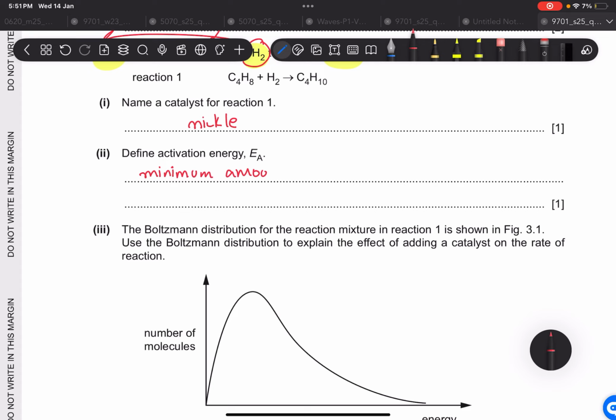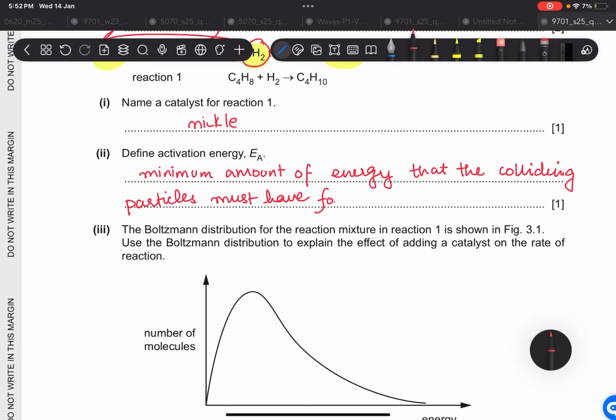Or in simple words, you can say the minimum amount of energy that the colliding particles must have for a collision to be effective. Effective collisions are those in which your products are formed. So it's the minimum amount of energy required for a collision to be an effective collision.